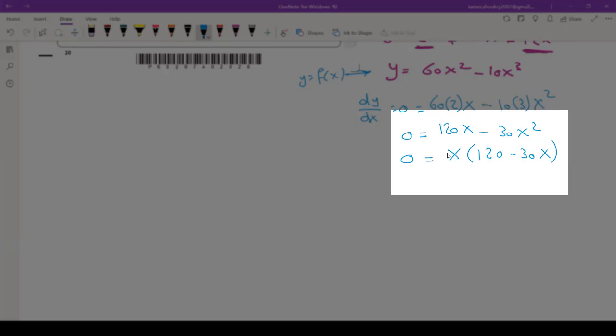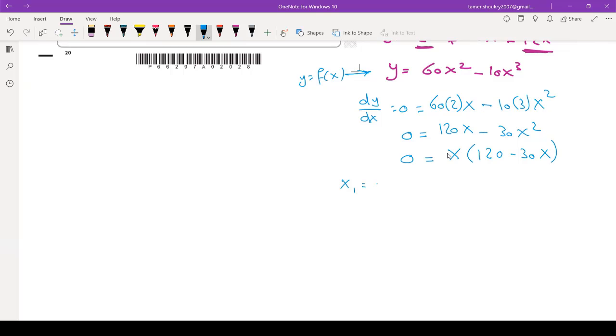Now the two solutions: x1 is equal to 0 and x2 comes from 120 minus 30x equal to 0. So we get 120 equals 30x. So x2 is 120 over 30, which is 4. So x2 is 4 and x1 is 0.